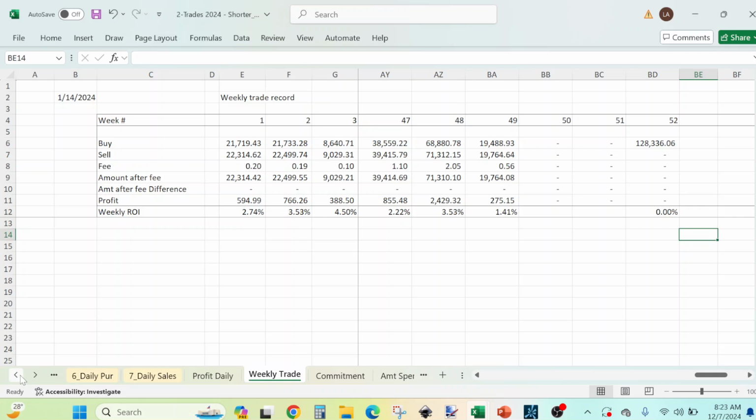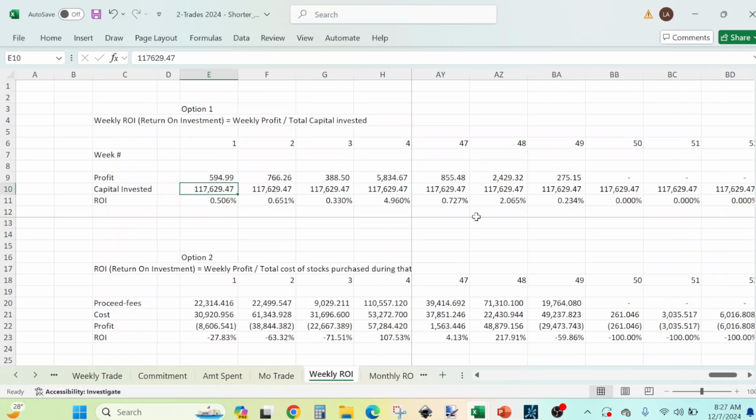And we can put option 3. And now we can go back to our ROI here. We have our option 1, option 2, option 3 is on the weekly trade section.